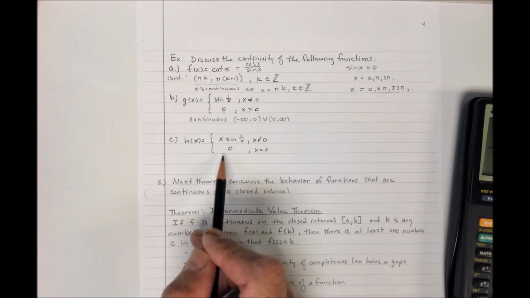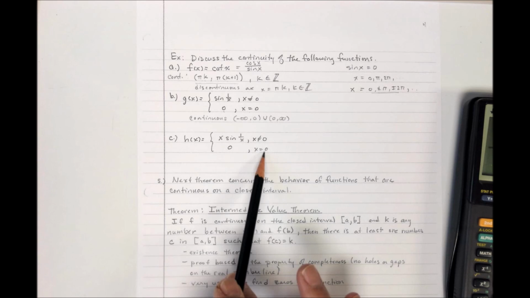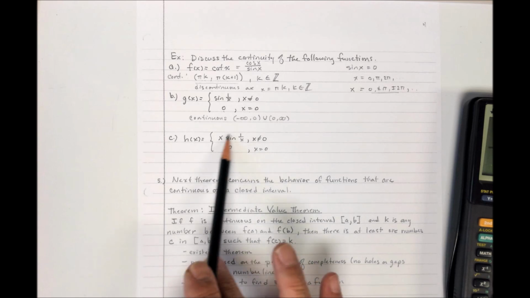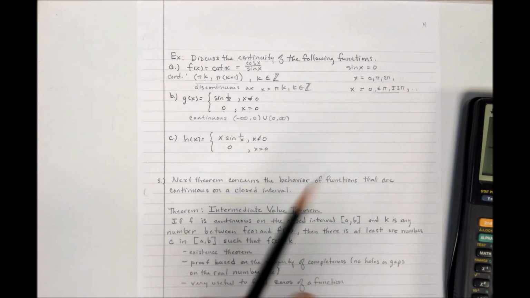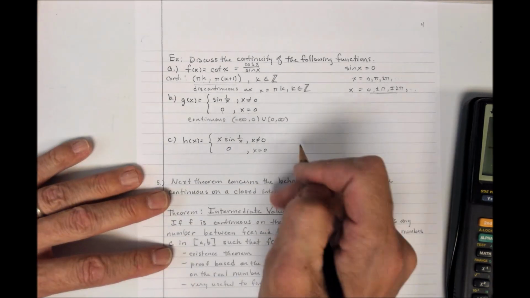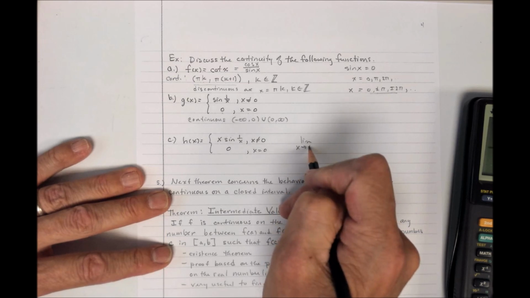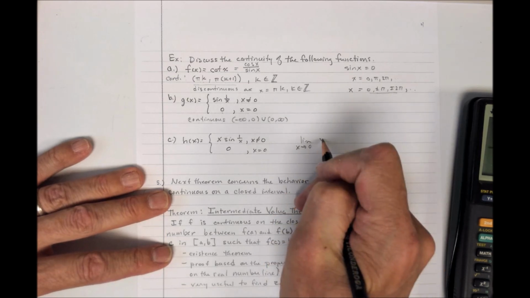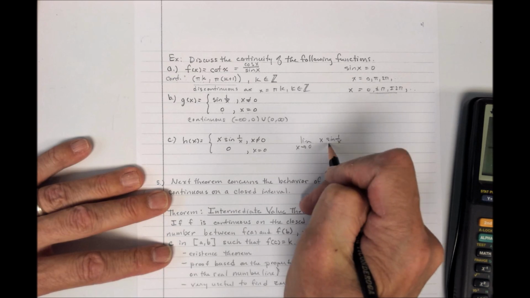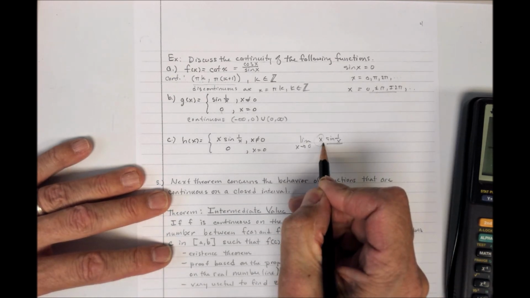All right, now this guy, because you put that x in there, as x gets closer and closer to 0, this value gets tighter and tighter. Now, granted, this is bouncing back and forth, but this is approaching 0 right here. If I was to look at the limit as x approached 0 from either the right or the left of x times the sine of 1 over x, this part here is going to 0.